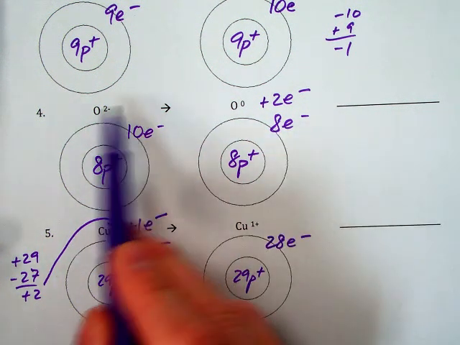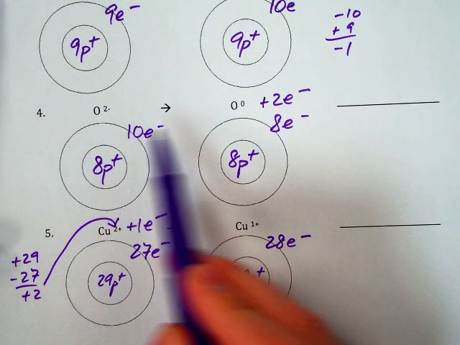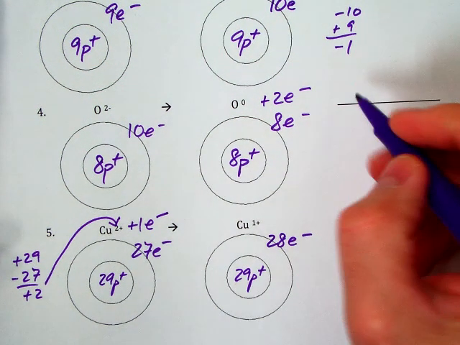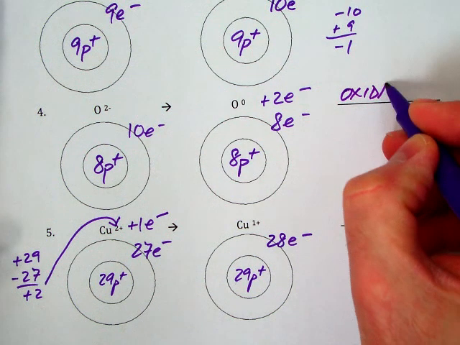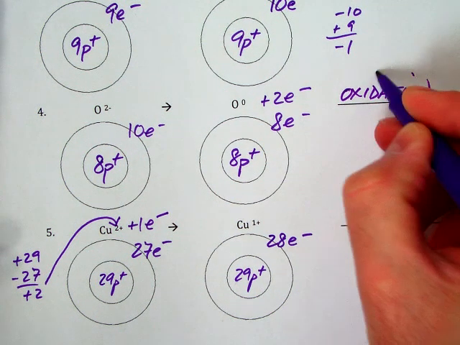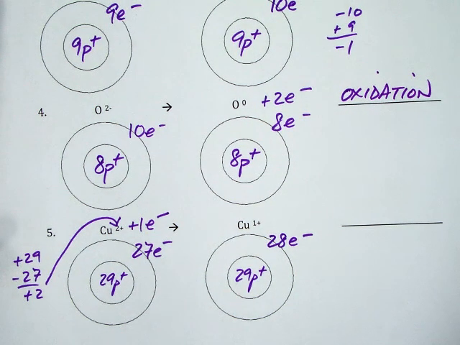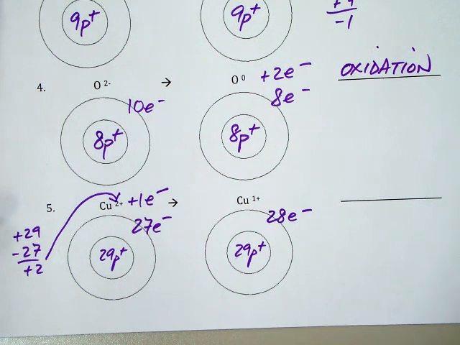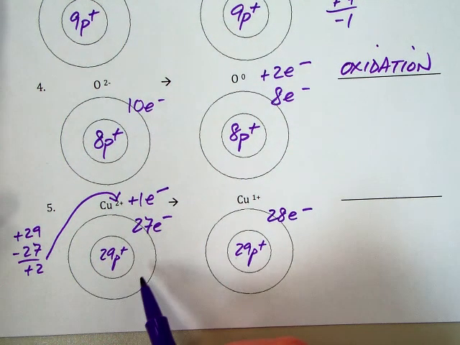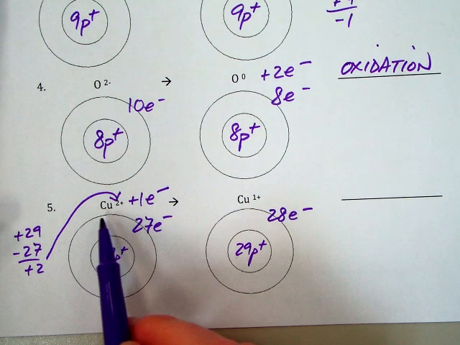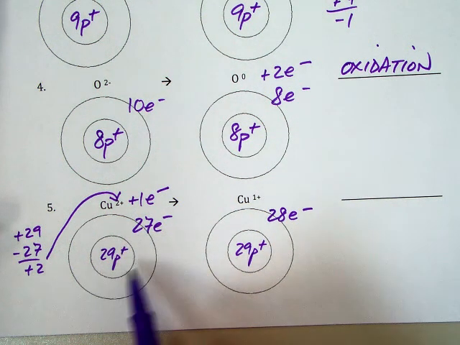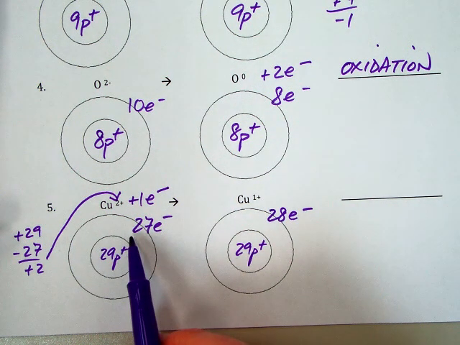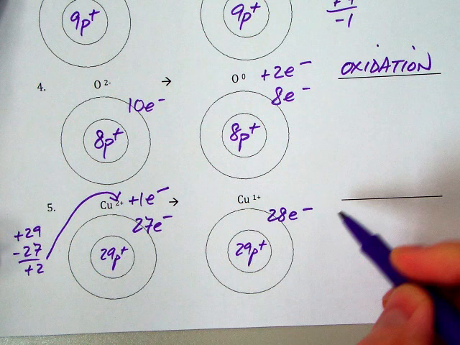So this species lost 2 electrons to become this. So losing electrons is oxidation. And number 5, down here we've got copper 2+, we start out with 27 electrons, you end up with 28. This species here, your reactant, needed to gain 1 electron, so this is reduction.